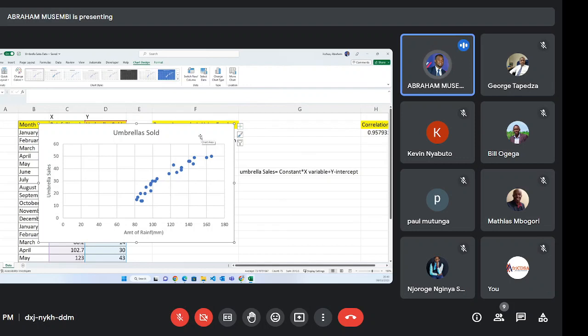Just think about this. Will we get a positive or a negative y-intercept in this case? Who can tell?